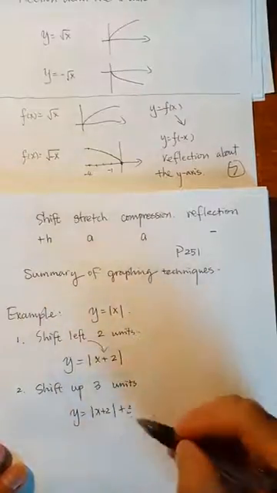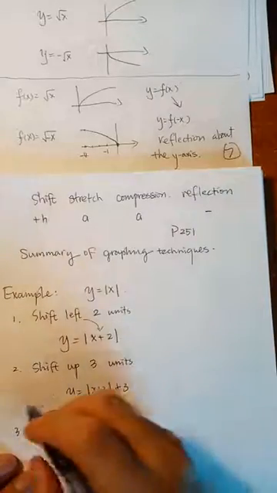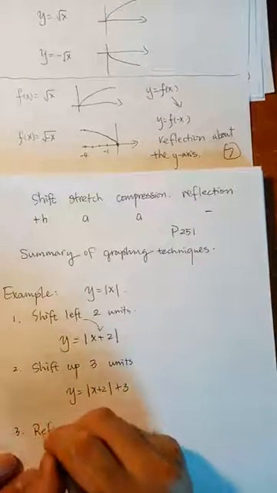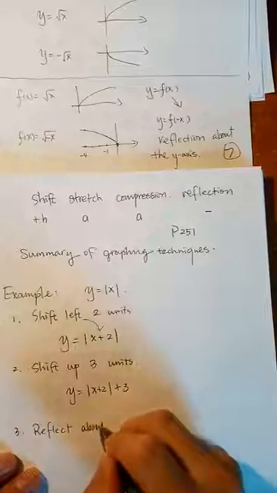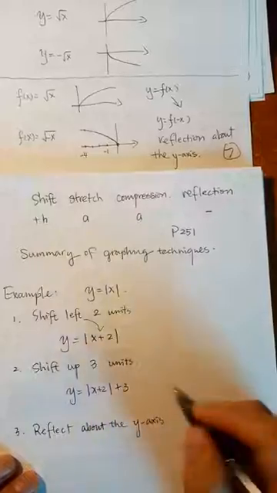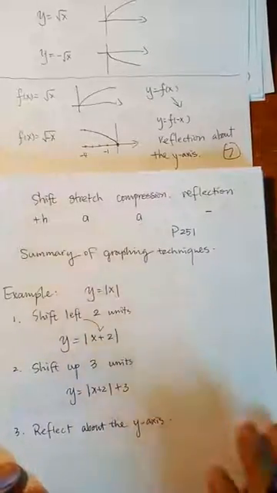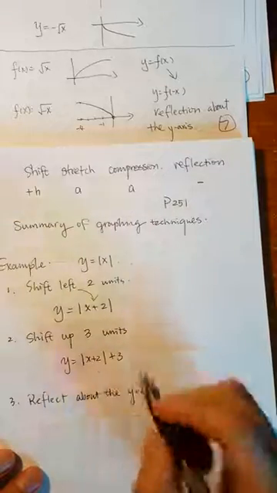Shift up and down, add at the tail. And 3, reflect about the y-axis. Reflect about the y-axis, you directly change the x to be negative x.